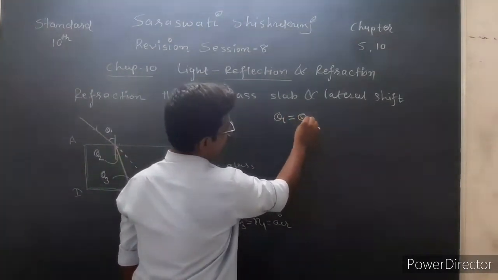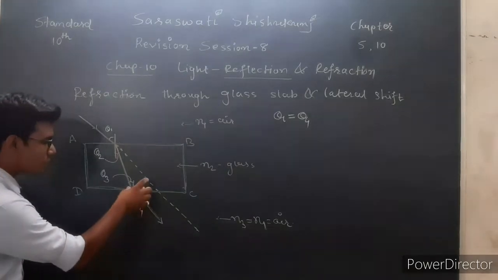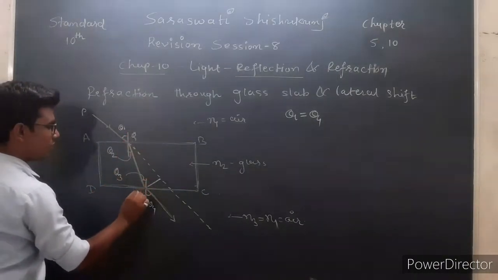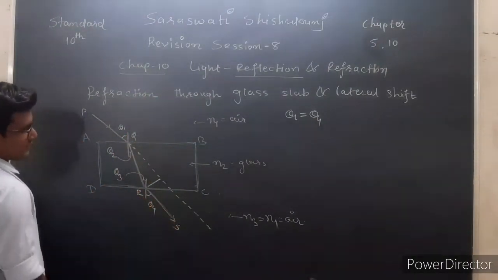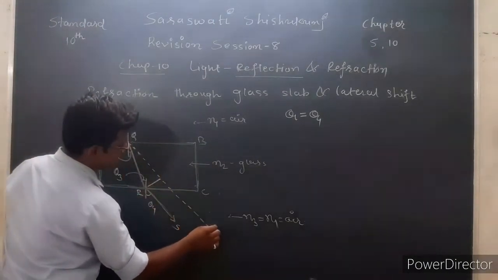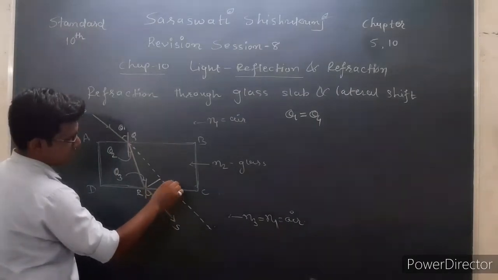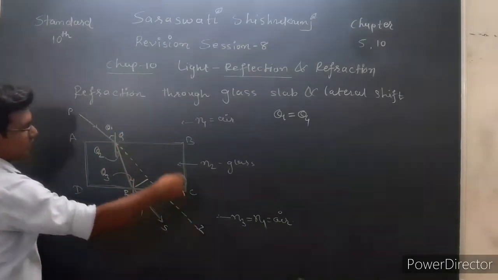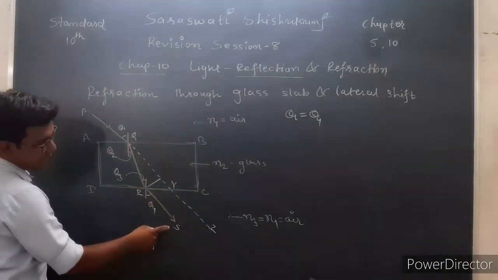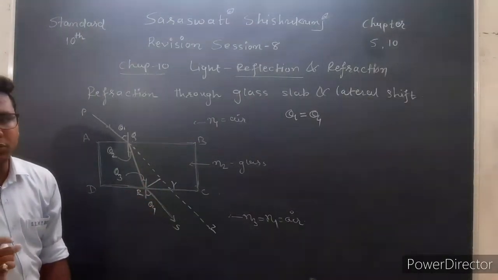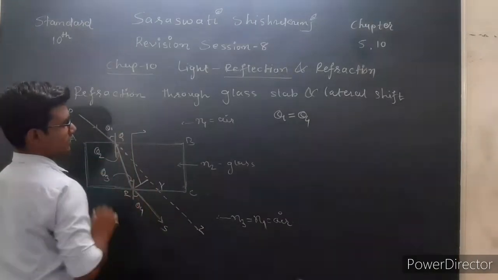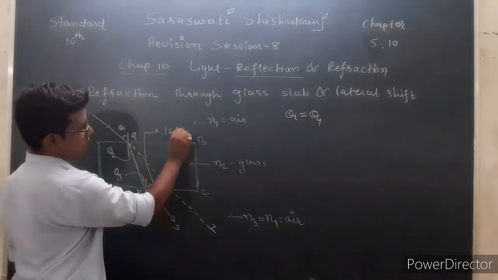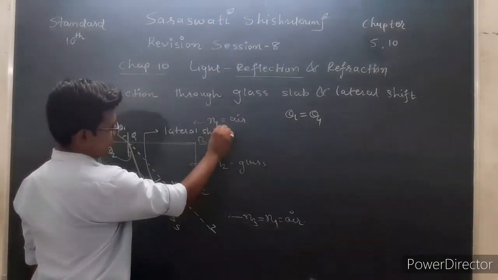So when theta1 and theta4 are the same, and if we name the rays PQ, QR and RS, then this ray PQ and this ray RS both will always be parallel to each other, and this perpendicular difference between them, that is called lateral shift.